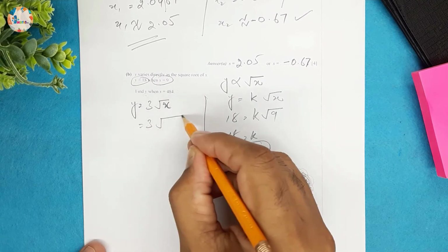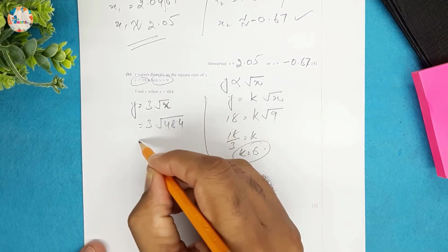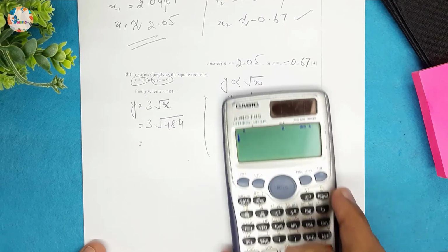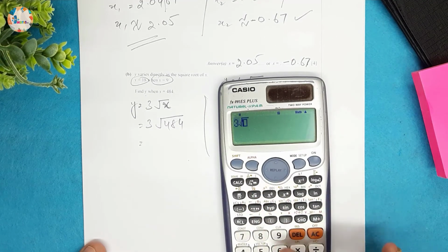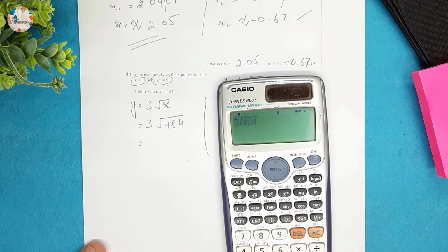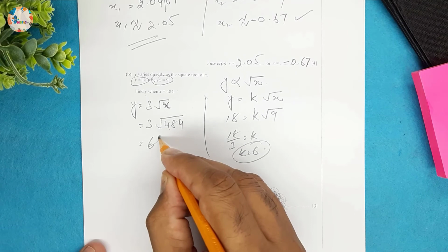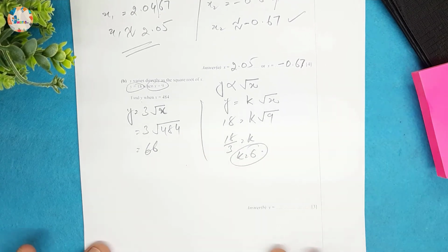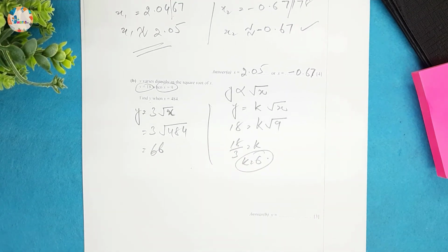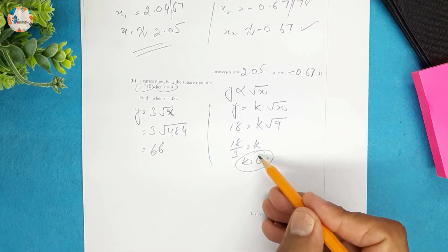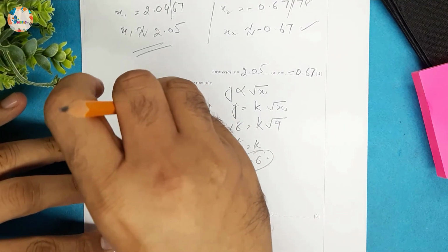So 3 root of 484 will be equal to, we can find this value, and this is equal to 66. Basically, a small mistake: we have found the k value 6 and here we are putting 3.